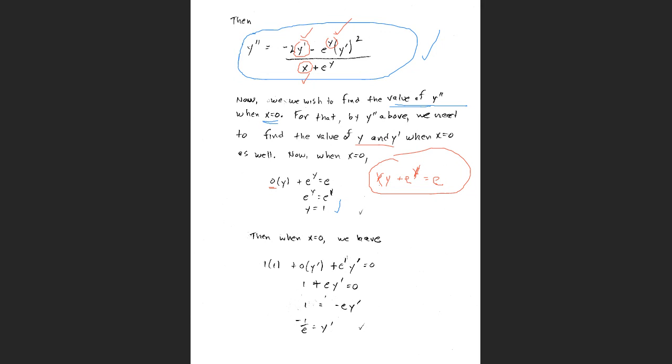We had 1 times y plus x times y prime plus e to the y plus e to the y times y prime equals 0.